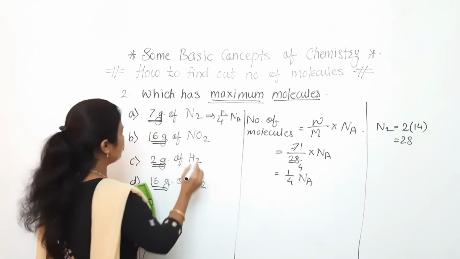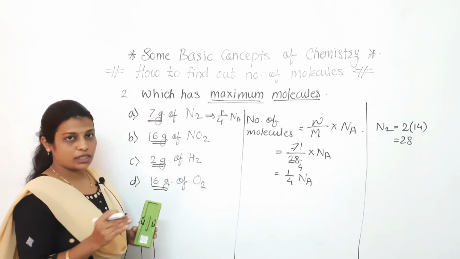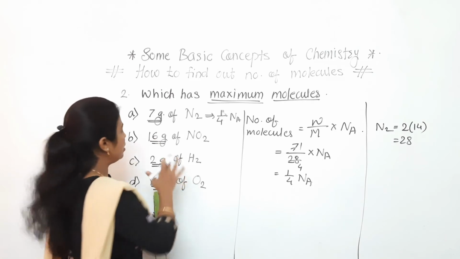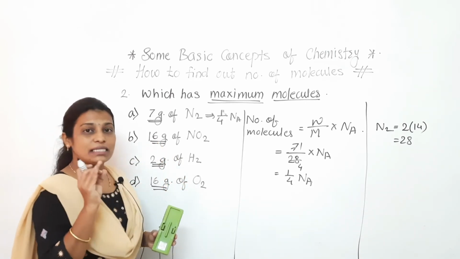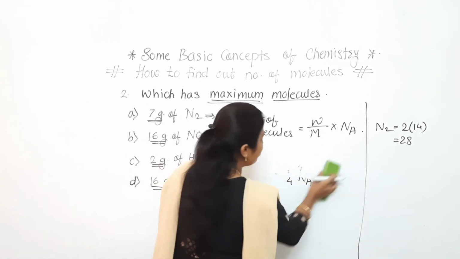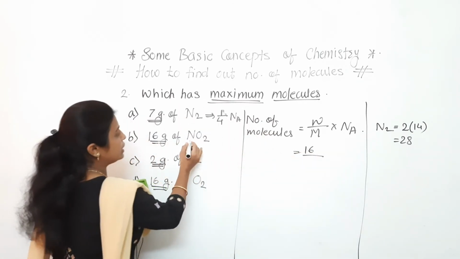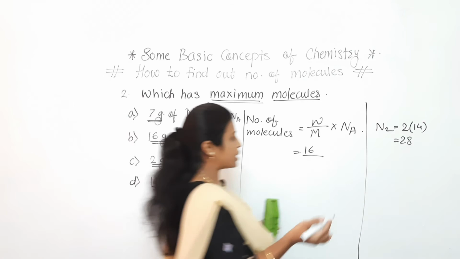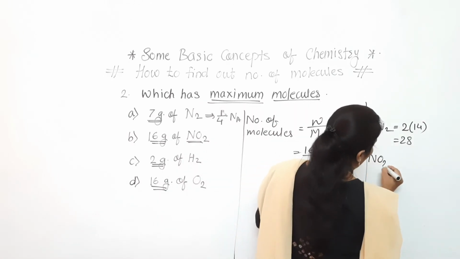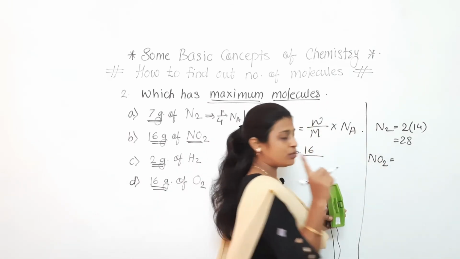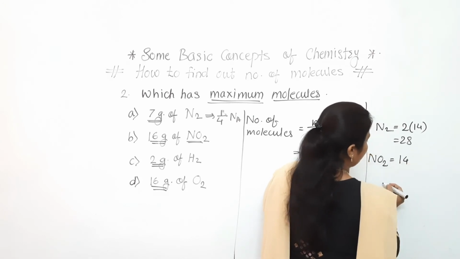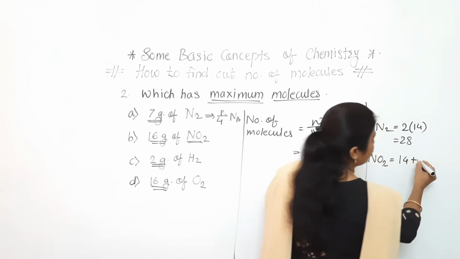Okay, now see, we are going to find out the answer for the second option. Here they have given 16 gram, means given mass is 16. Now what about the molar mass? It is NO2. Number of nitrogen is 1, having the mass number 14, plus 2 oxygens are there.